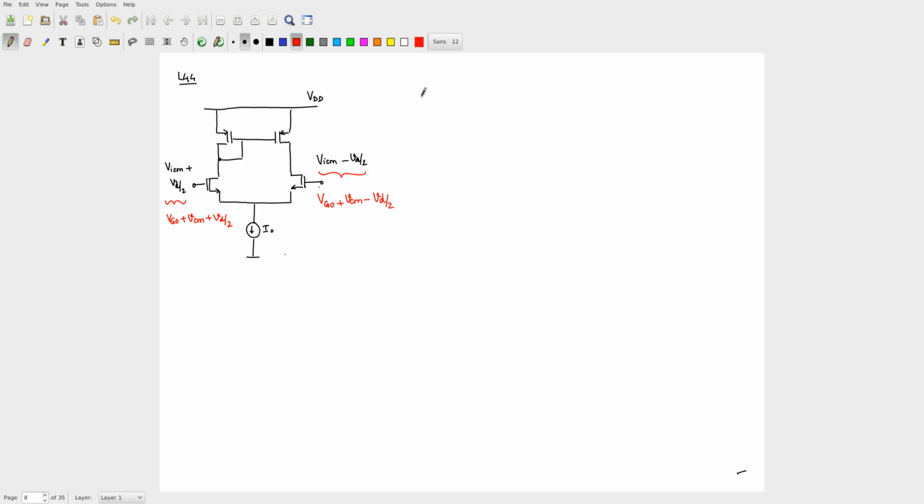As we discussed earlier, VG0 is the bias voltage, small VCM is the common mode incremental voltage.